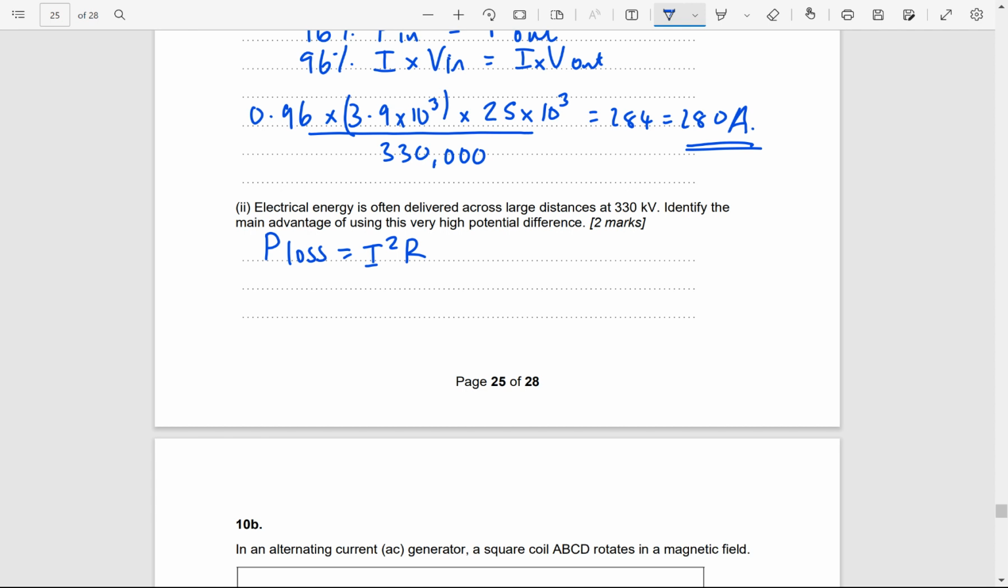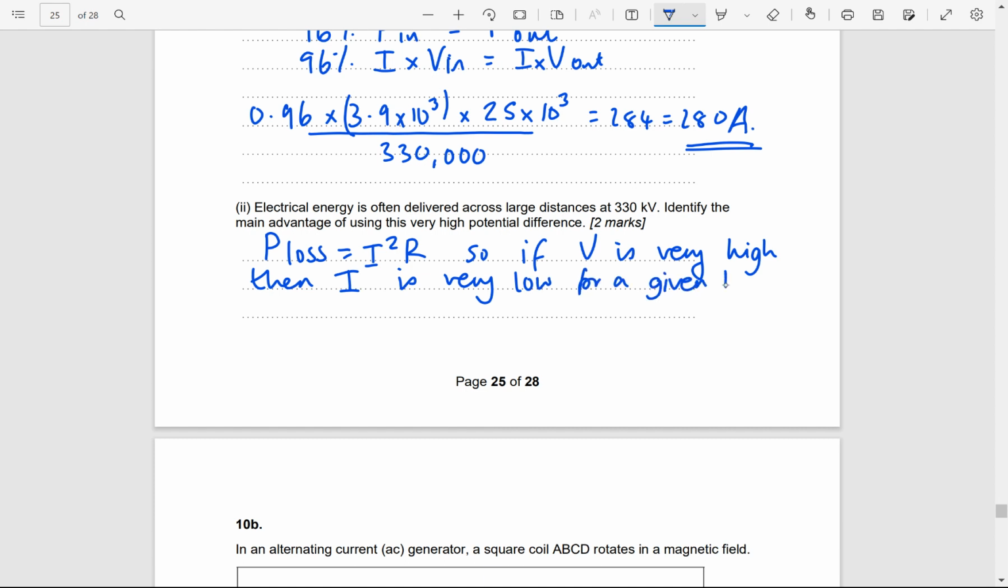So power loss comes from I squared R. So if V is very high, then I is very low for a given P.